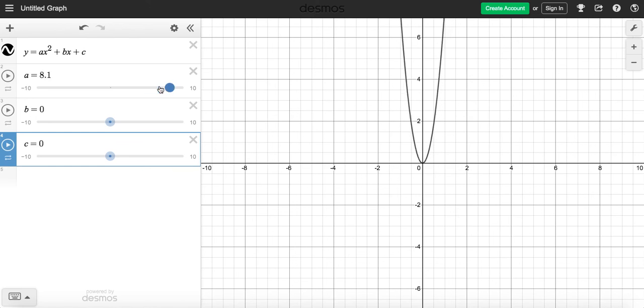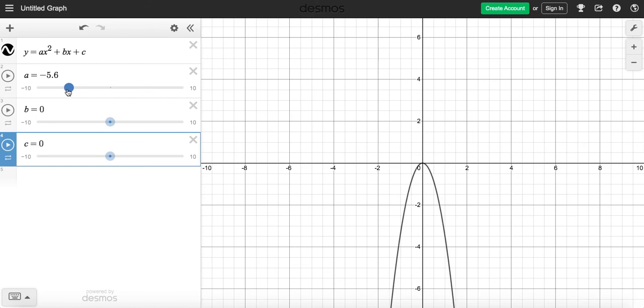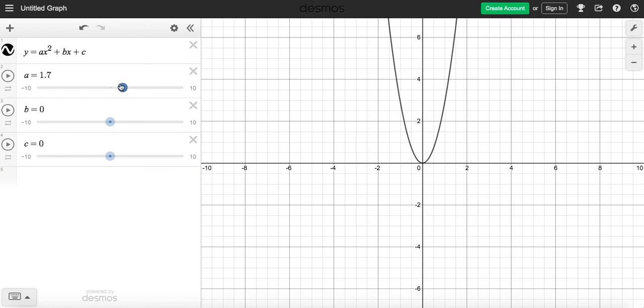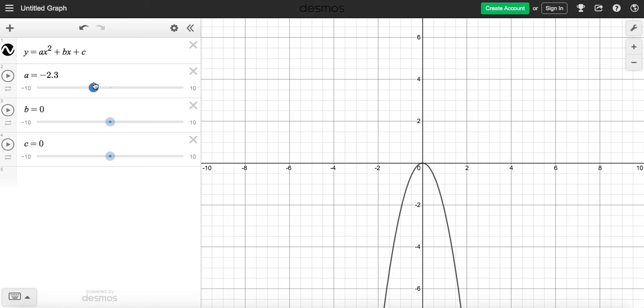What we see this doing is what we call the vertical scaling of the parabola. And when it goes into the negatives, you see it's scaled negatively. So it's going down because it's a vertical scaling.